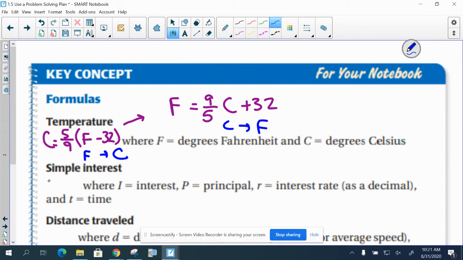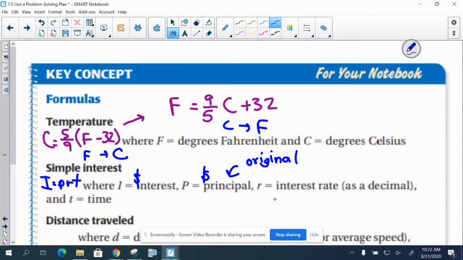Simple interest. So simple interest is I equals PRT, where I is the amount of interest, so interest in dollars. P is the principal amount in dollars, which is also the original amount. R is your interest rate, written as a decimal.